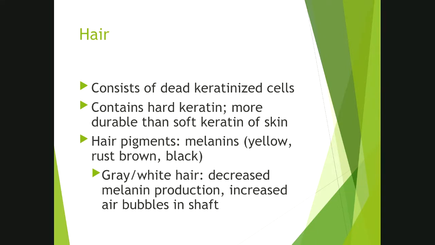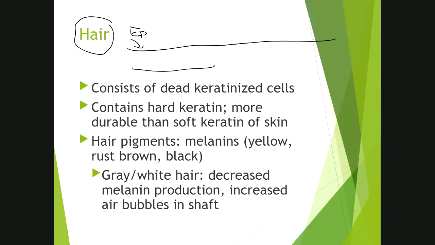So what is hair? Well, if you look at the top part of the skin, remember the top part of the skin is the epidermis. And remember the epidermis, we start out with living cells, these keratinocytes, and as they move up, they produce keratin, and eventually we wind up with this dead layer of cells that covers our skin.